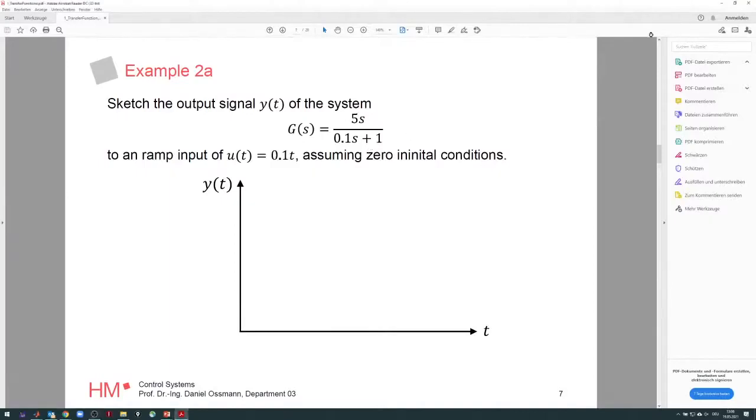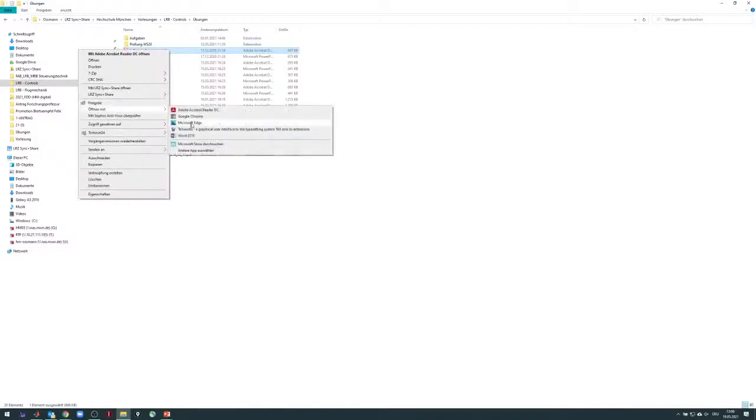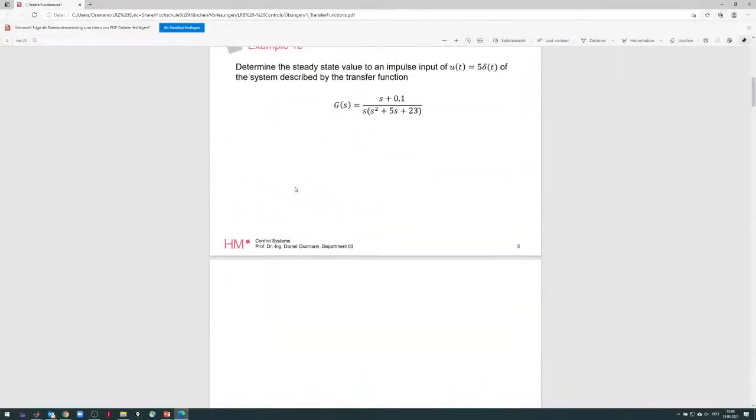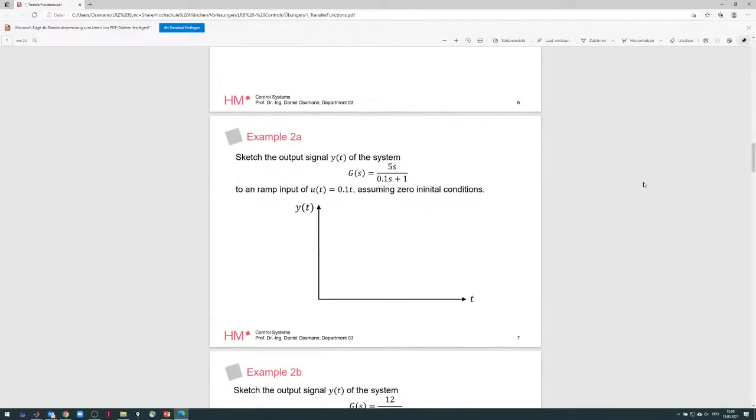Let's do the following. Let me switch this. Let's take black. What do we have here? We have a DT1 system, right? So we have a differentiator which is lagged.